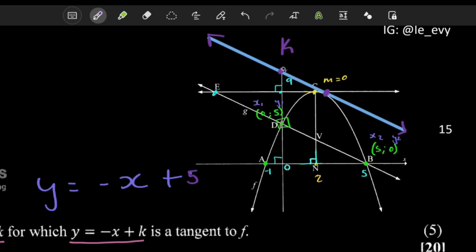To find this specific value of k, we need to know what the y-intercept of this tangent would be, because the y-intercept of this tangent gives us the specific value of k that would cause this line to be a tangent to our curve.